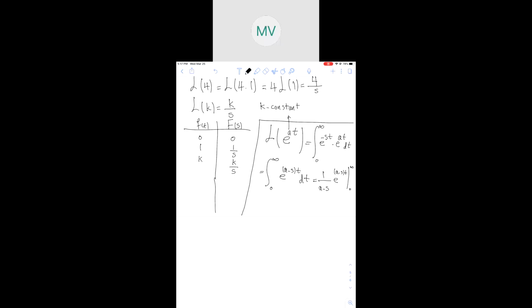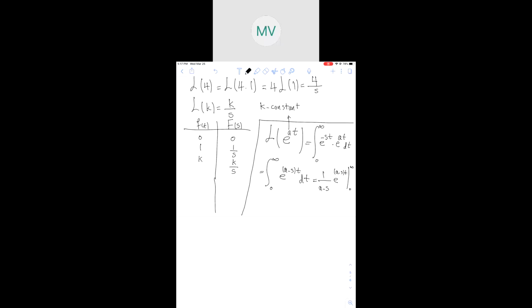Now, here we need to put a condition. Remember, I want the exponent of e to be a negative number, so that when I plug in infinity, it goes to 0, right?